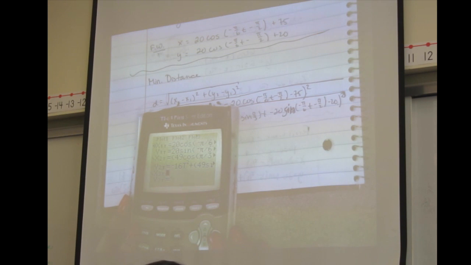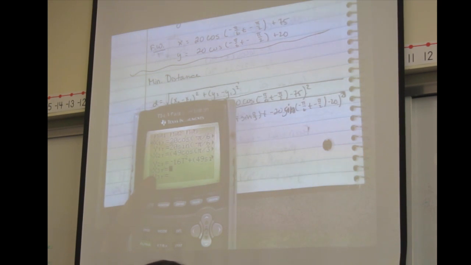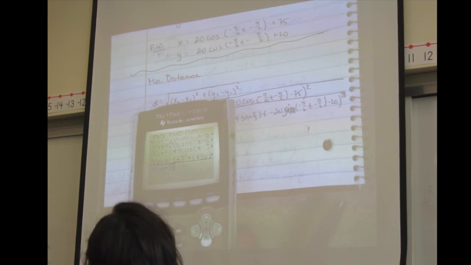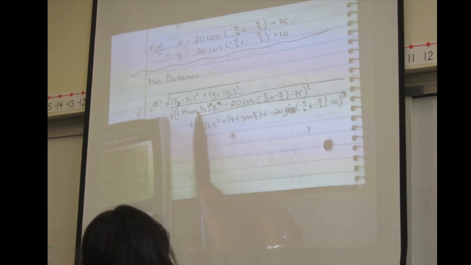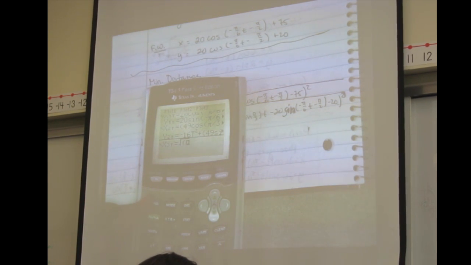Okay? So in here, I'm going to make a new function, and this one, to keep track, this x3 is going to be my distance. So square root of x2 minus x1 squared, right? You can just do x2 minus x1.